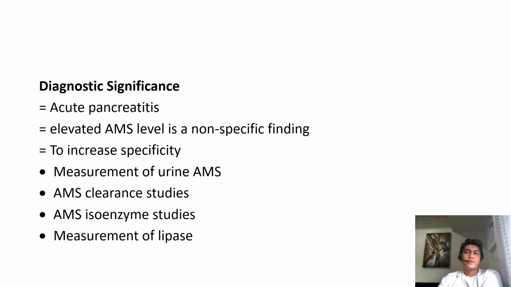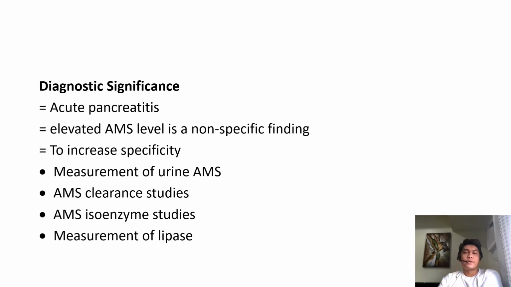So we need to measure urine amylase. Why can we measure urine amylase? It's because amylase is a small enzyme, so it appears in the urine.